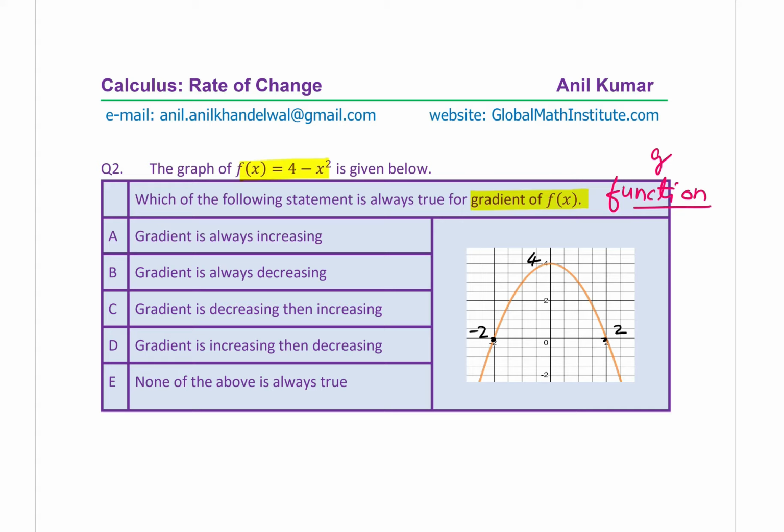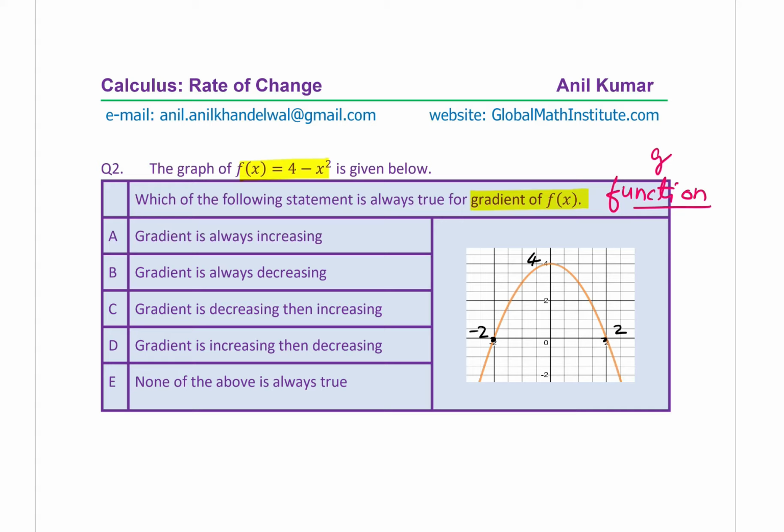Okay, so 5 statements are there, and one of them is true. The statements are: gradient is always increasing, gradient is always decreasing, gradient is decreasing then increasing, gradient is increasing then decreasing, none of the above is always true. One of them is definitely true, and you need to write it down in the comments too.